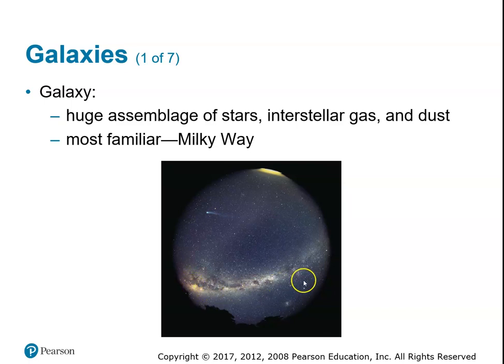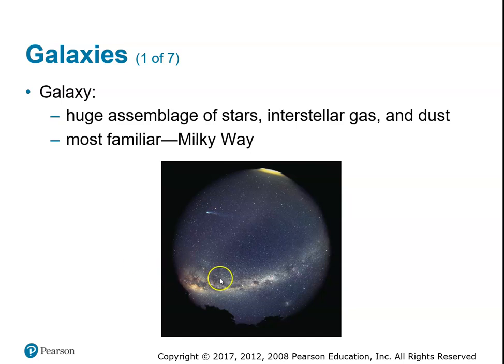In fact, all really large galaxies seem to have supermassive black holes at their center. The one at the center of the Milky Way is about 4 million times the mass of the sun. At the center of other galaxies, there are some supermassive black holes that have a mass of billions of times the mass of the sun.